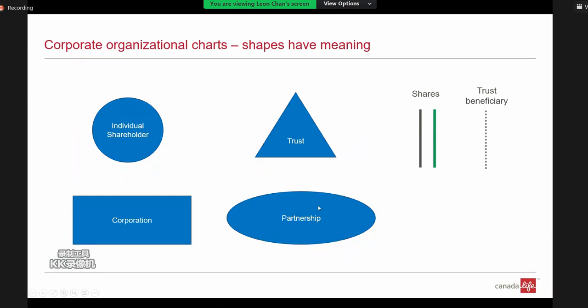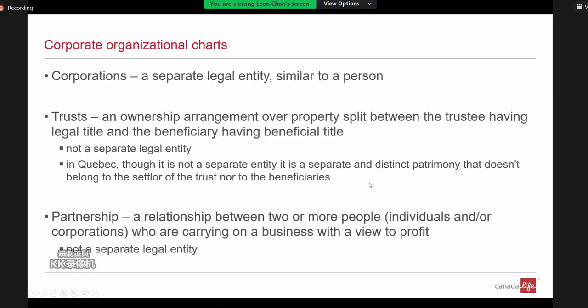Partnerships, on the other hand, I've seen as ovals, but I've also seen diamonds. Shares are usually solid lines, and trust beneficiaries are dotted lines, right? That's a common use of these shapes for creating org charts.